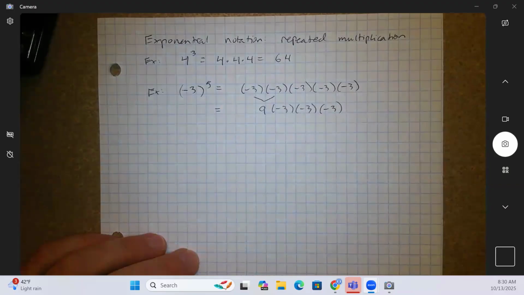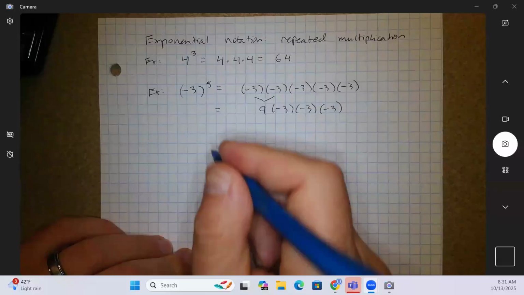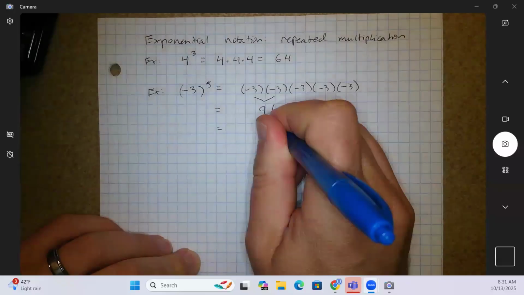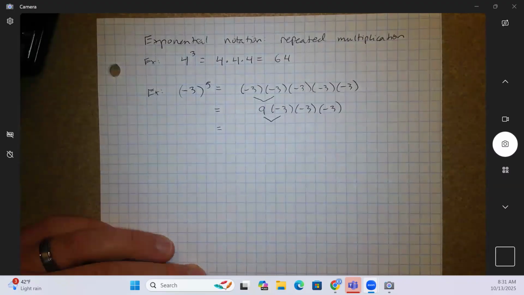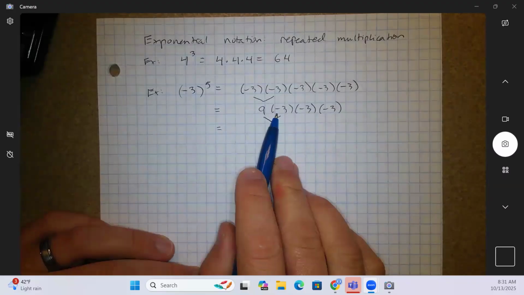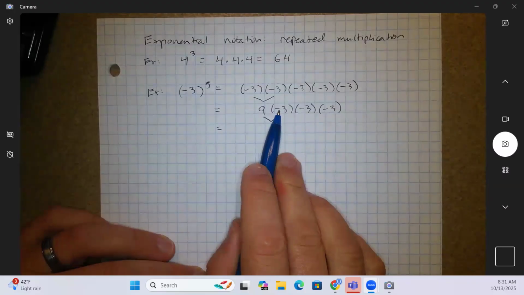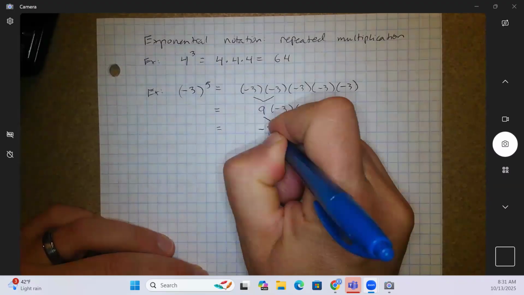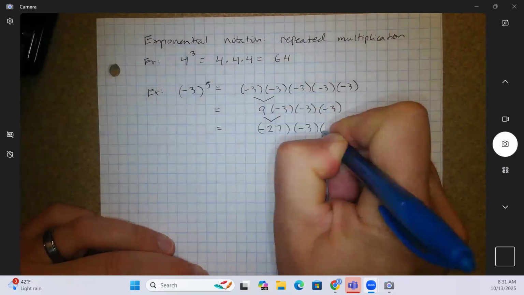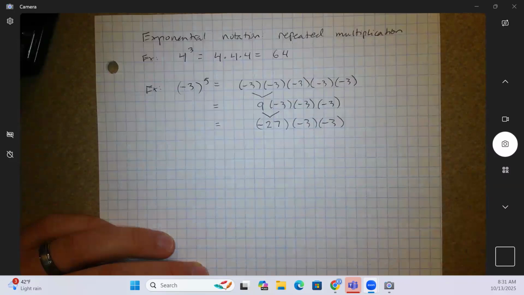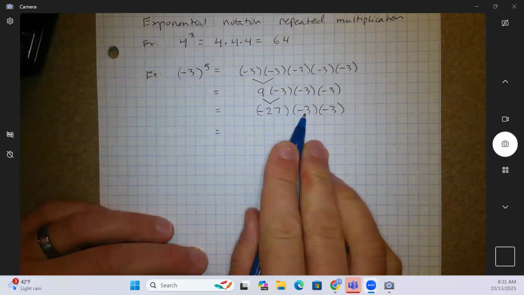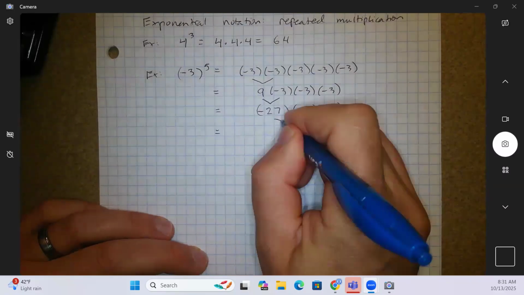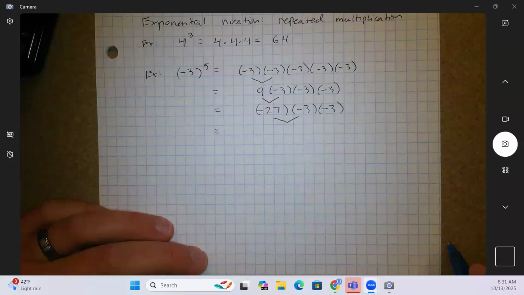So we've collapsed that first -3 times -3 into 9. And we're going to continue working left to right. 9 times -3. Positive or negative? Negative. A positive times a negative is going to be a negative. That's -27.